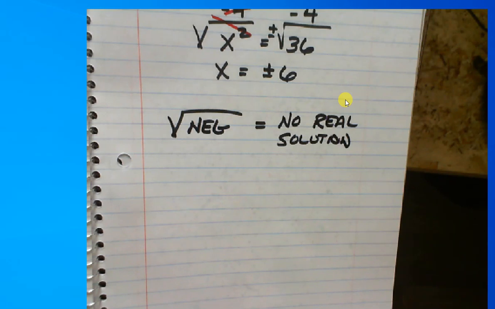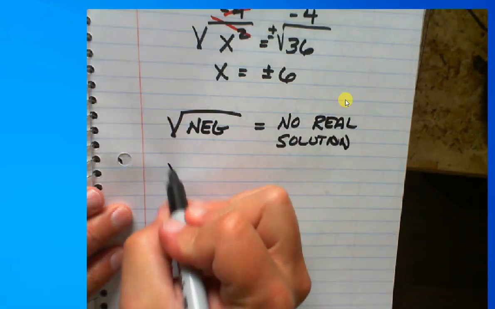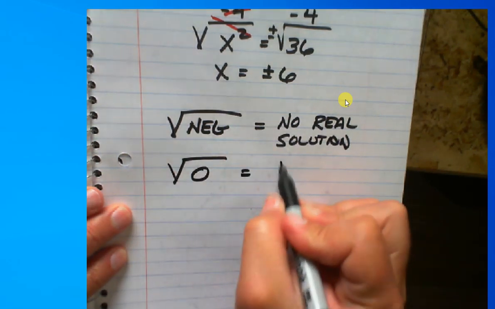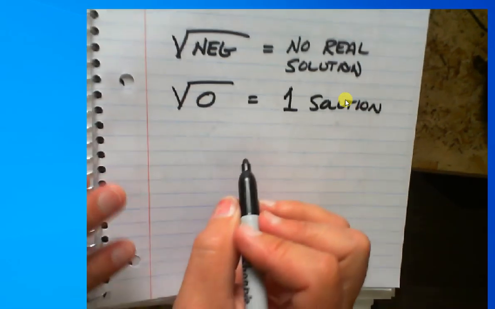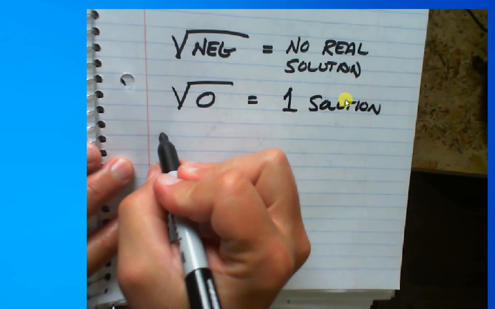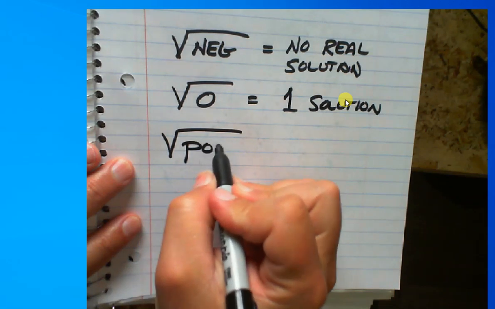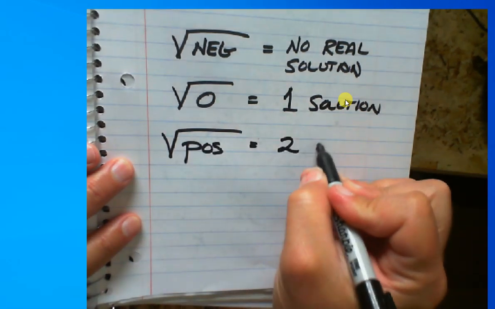You'll learn next year about what are called imaginary numbers. I'm not going to teach them today, but there is a solution, it's just not a real solution. So the square root of a negative equals no real solution. The square root of 0 equals 1 solution. And the square root of a positive equals 2 solutions.